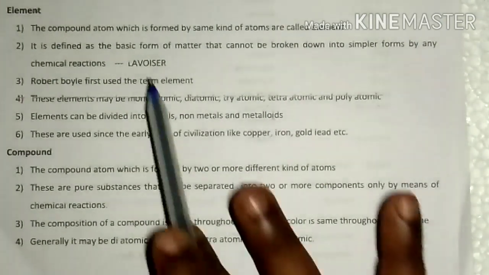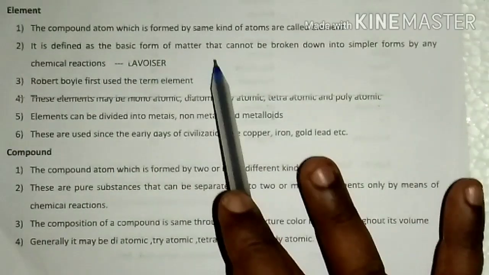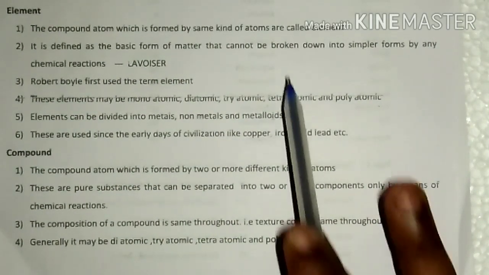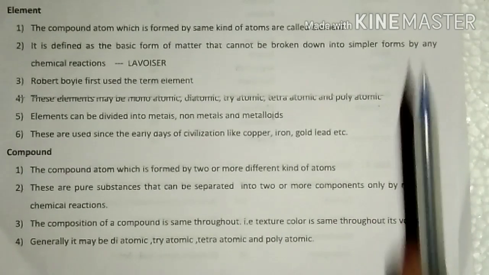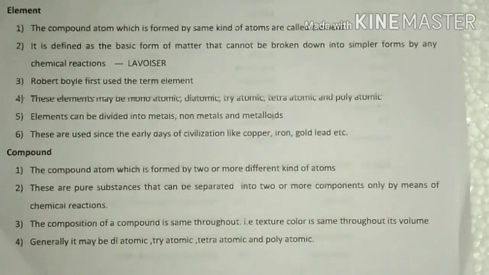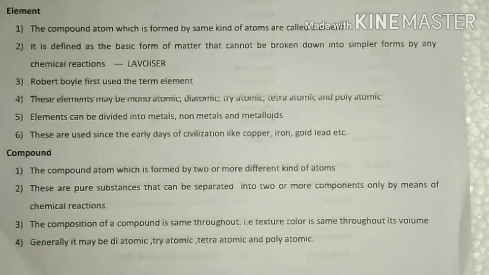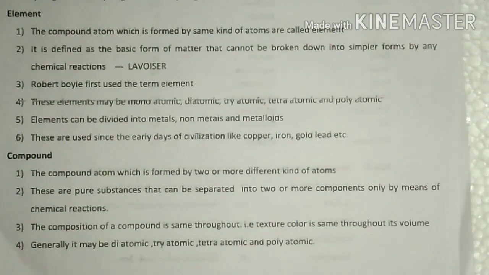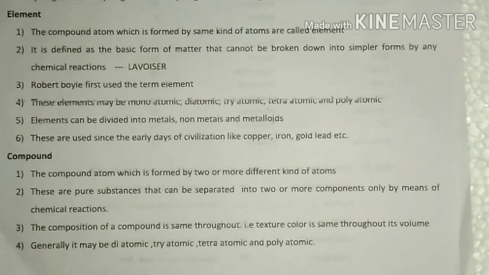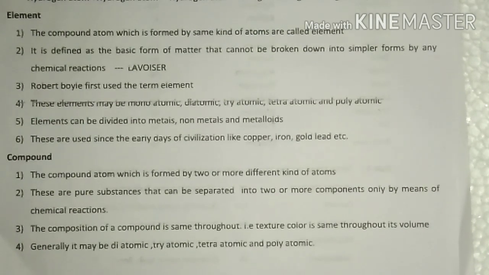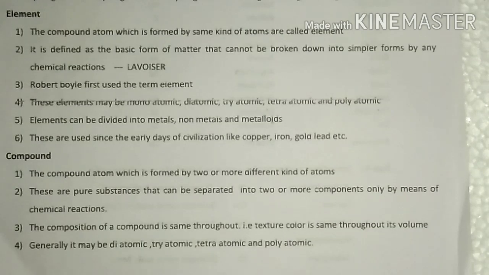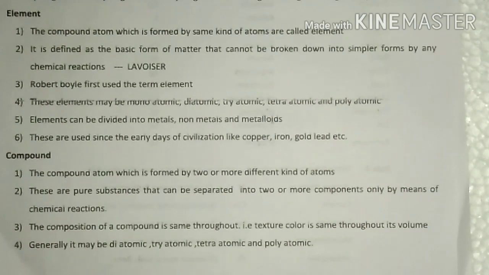An element is defined as the basic form of matter. It cannot be broken down into simpler forms by any chemical reactions. Means though you do many chemical processes, it will not be dissociated. For example, HCl, hydrochloric acid, you already know is an example of a compound. If you heat it or do some chemical reactions, it will split into hydrogen and chlorine.